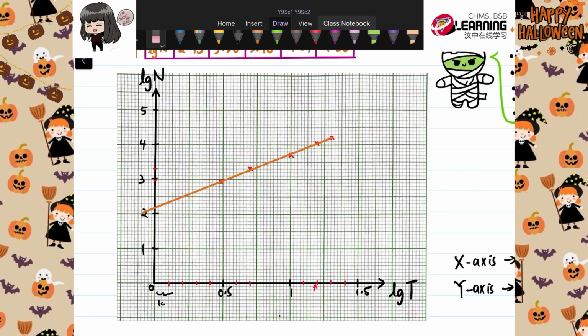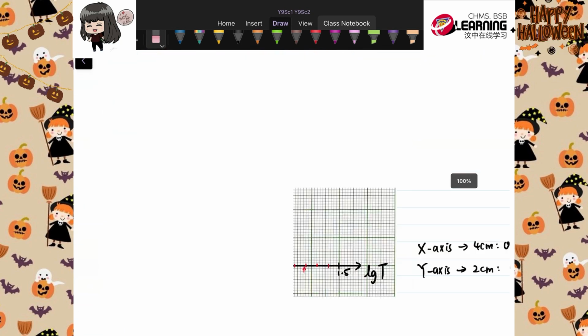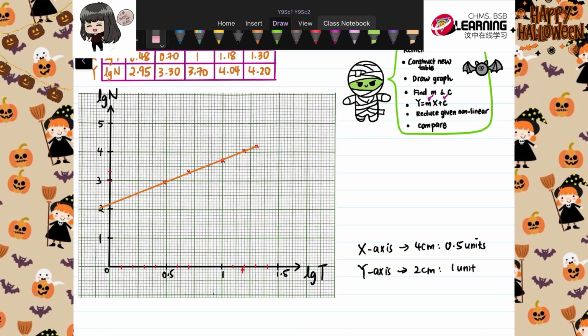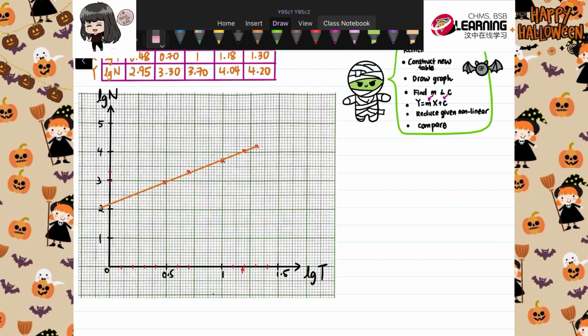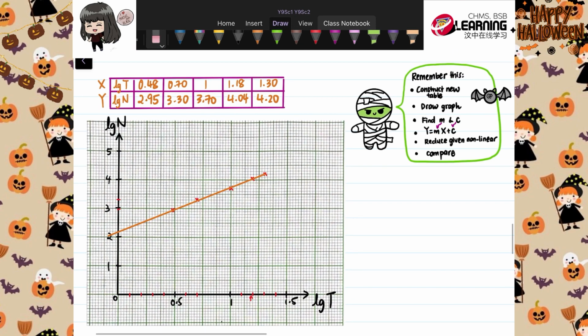So this is my graph, a straight line graph already, passing through the c. You must always draw passing through the c, because you need the y-intercept to answer your question. So you can follow my scale here, then you can draw it according to my answer here.